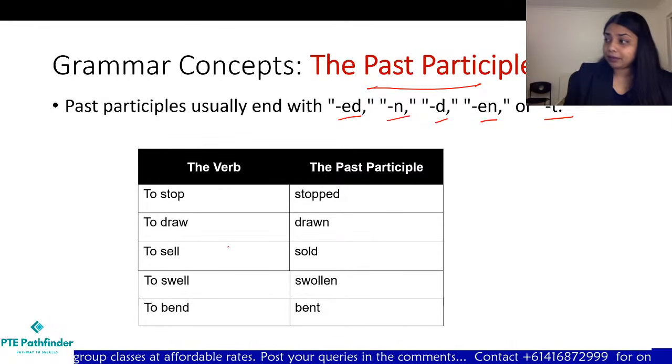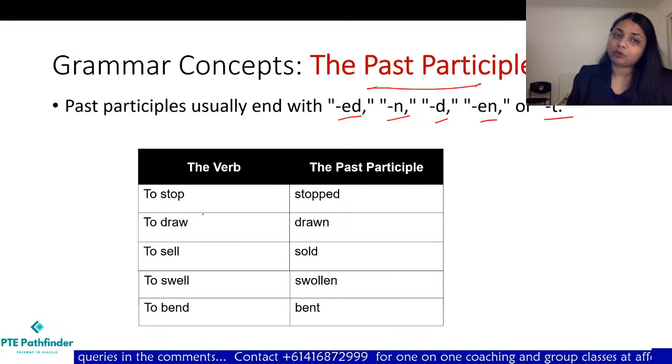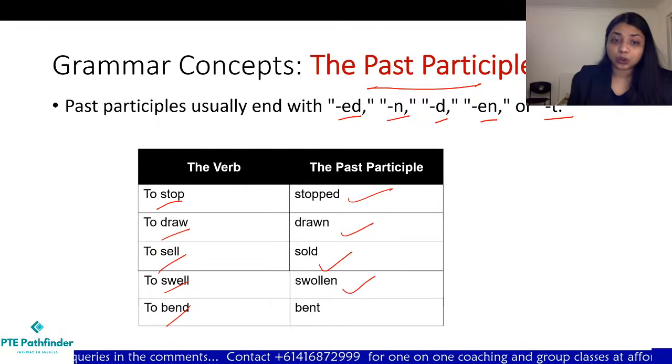Here, we are going to have a look at a few examples before we move to the grammar tips. When you look at the verbs, we have the V1 form here. Stop, to stop. The past participle of that word is stopped. Draw, drawn. Sell, sold. Swell, swollen. Bend, bent.